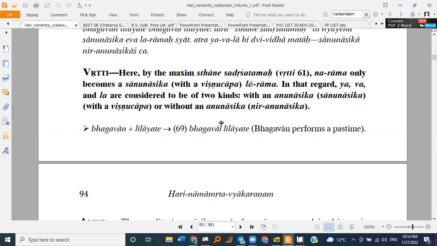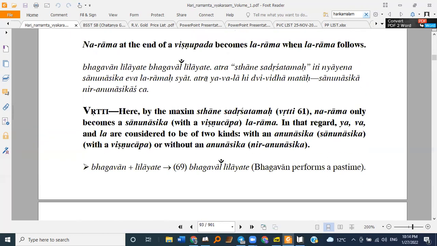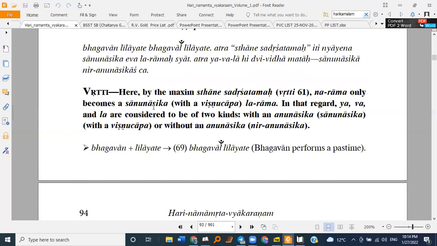It becomes a La Rama, but with the Vishnu chapa. It's not in the Sutra itself, but in the Vritti by Jīva Gosvāmī. He says that this La Rama becomes a La Rama with a Vishnu chapa. Basically, it's a nasal sound. It's not simply La. So yes, Vishnu chapa will be there. Okay, thank you.